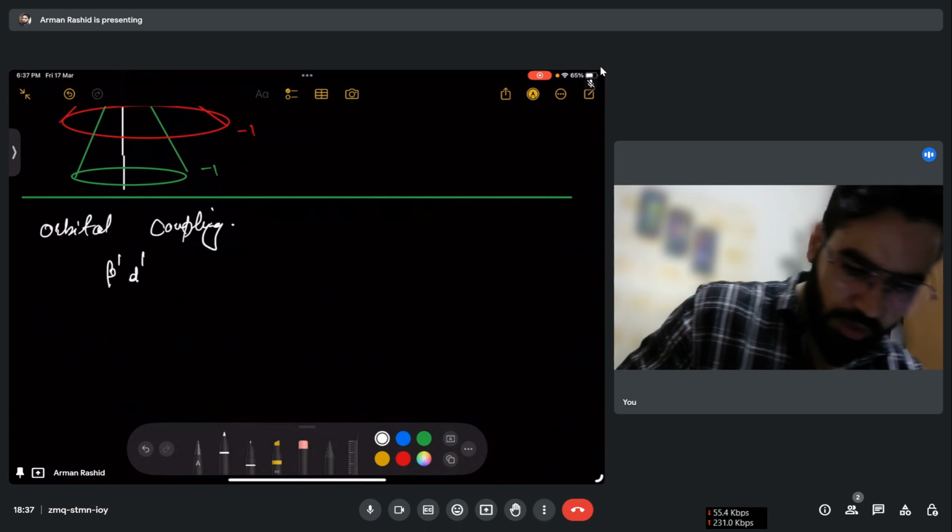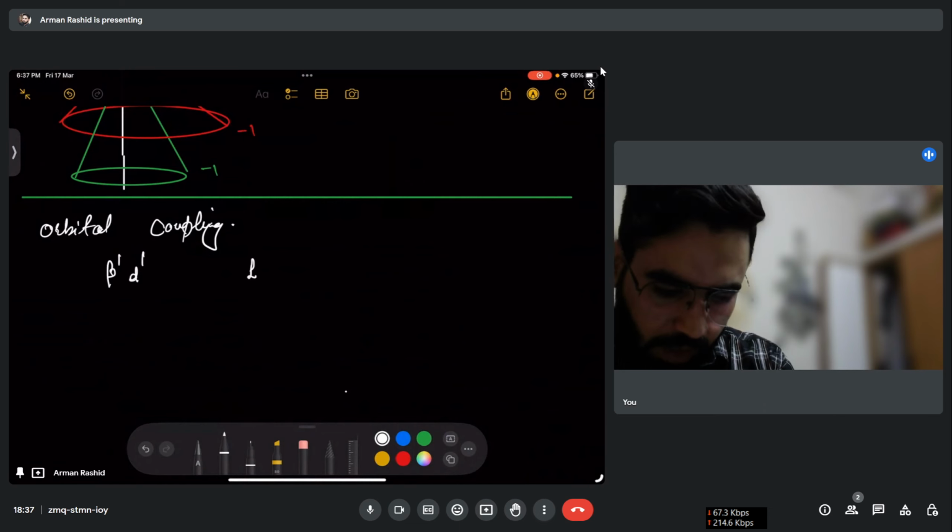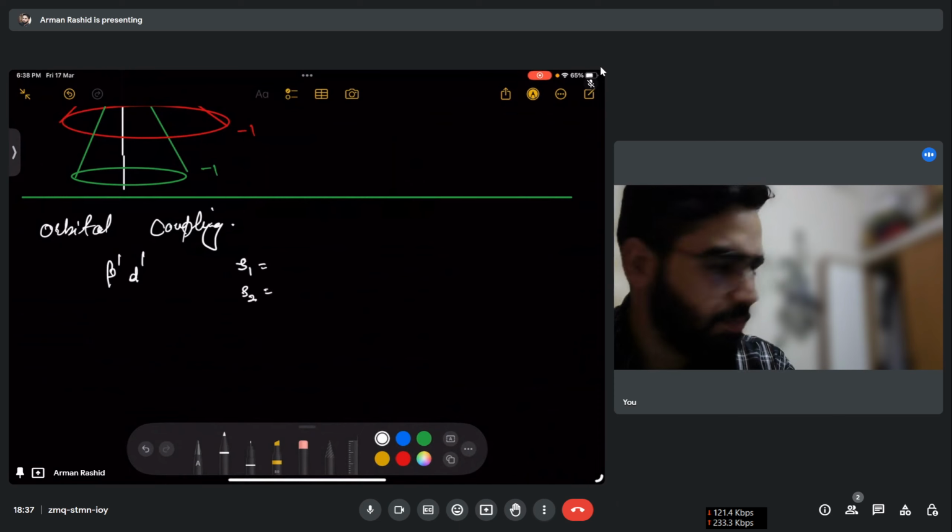Now we have already known how much will be the small l, that means the orbital angular momentum. First we'll write how much will be s1, small s, and how much will be s2. S is the spin magnetic moment.